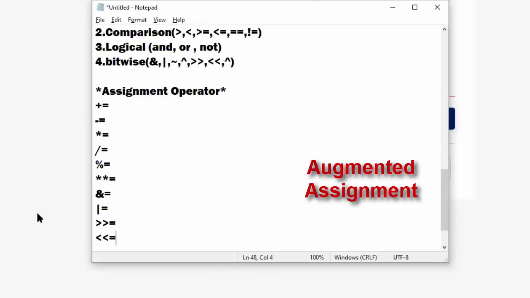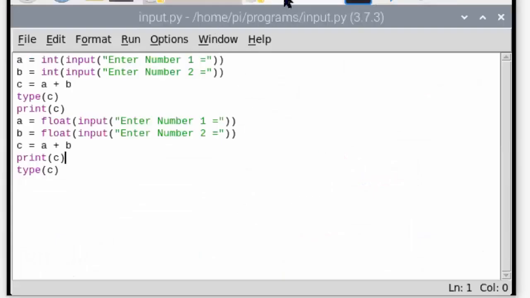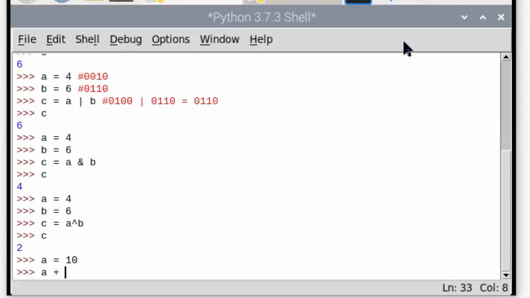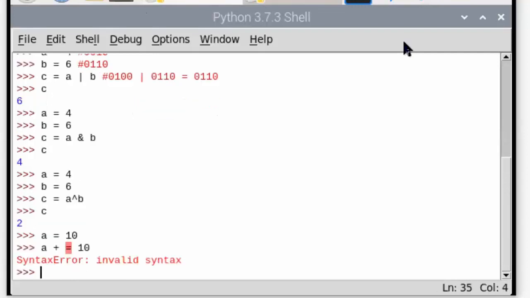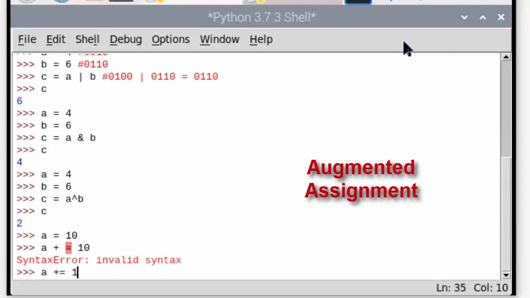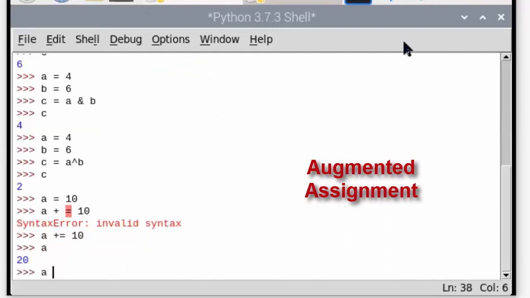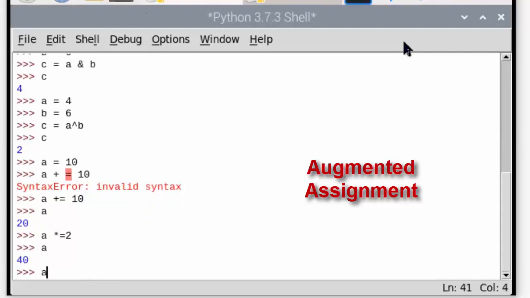So let's see here. In the shell, if I have a equal to 10, I can write a plus equal to 10. I have given a space. Now a will become 20. You can write a multiply equal to 2. Now a is 40. I can write a modulus equal to 5.